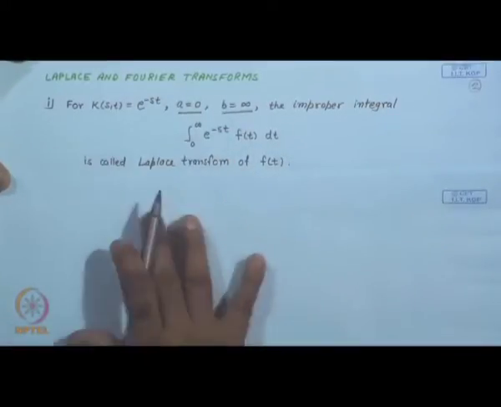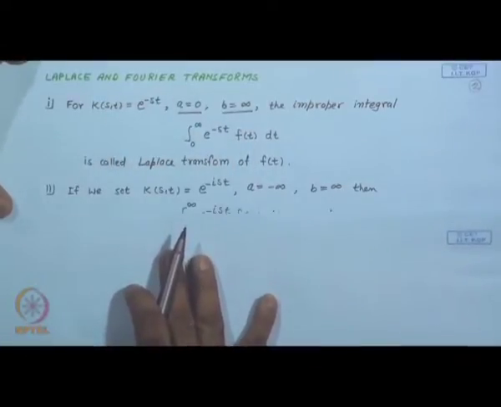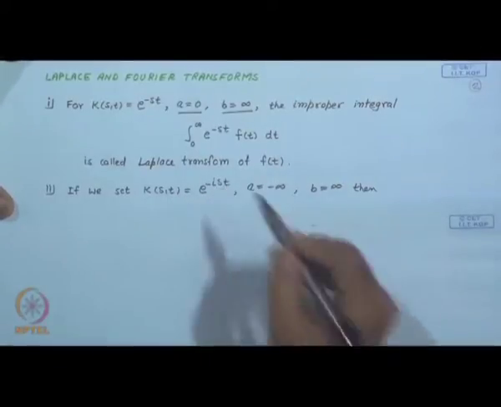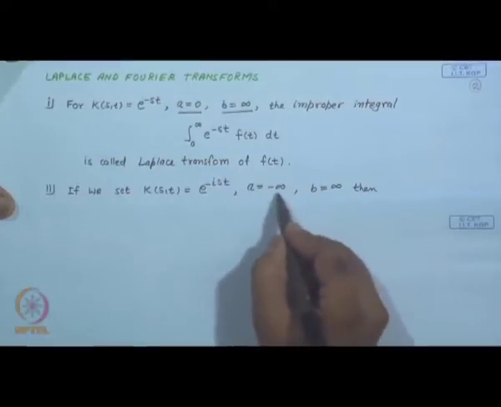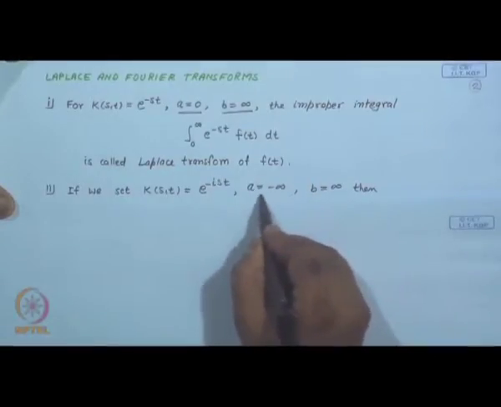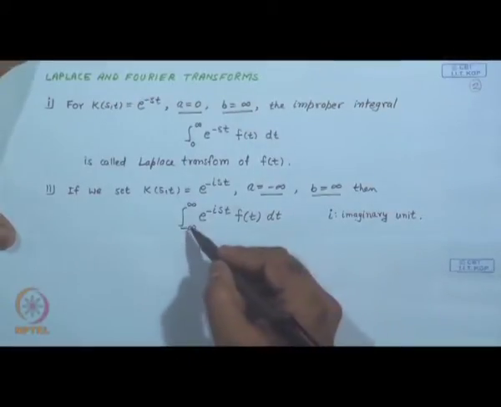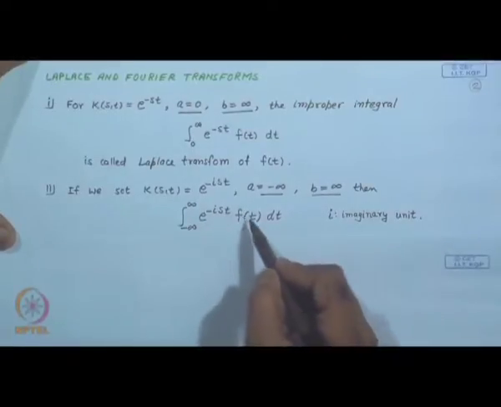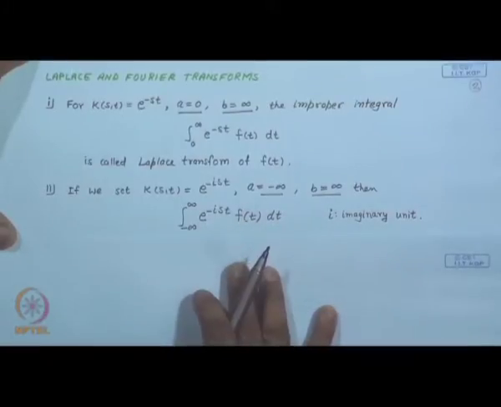The second case is the Fourier transform. If we set the kernel k(s,t) equal to e power minus i s t, with the lower limit minus infinity and the upper limit plus infinity, then this integral transform, the integral from minus infinity to plus infinity of e power minus i s t f(t) dt, is called the Fourier transform.